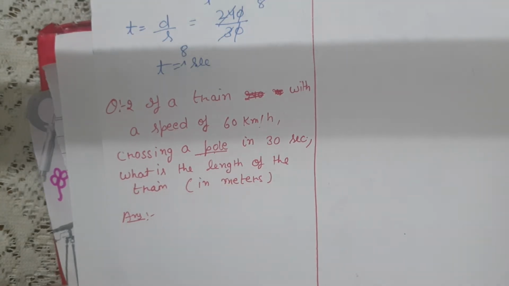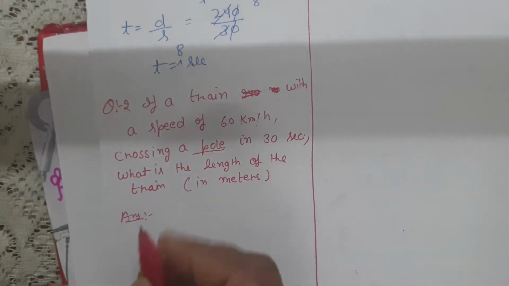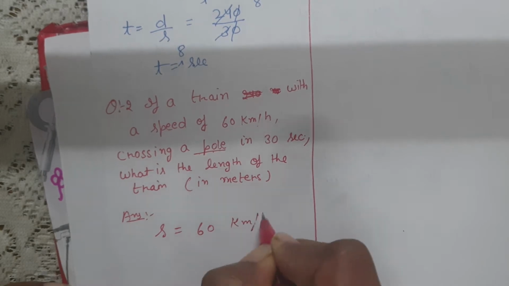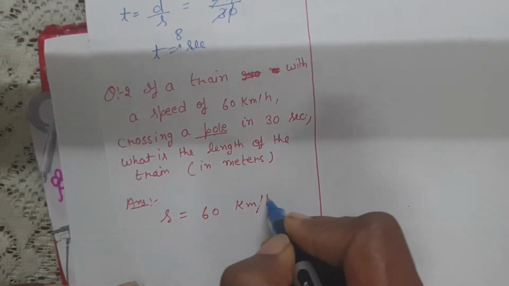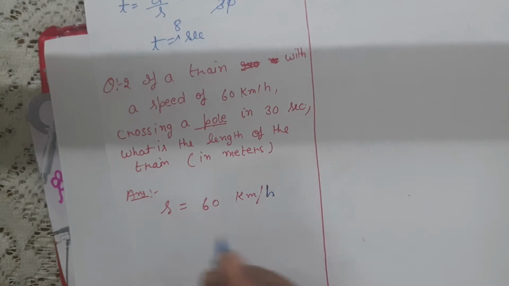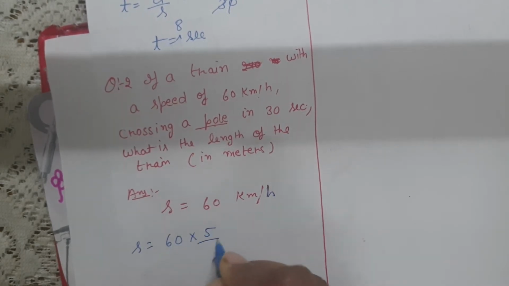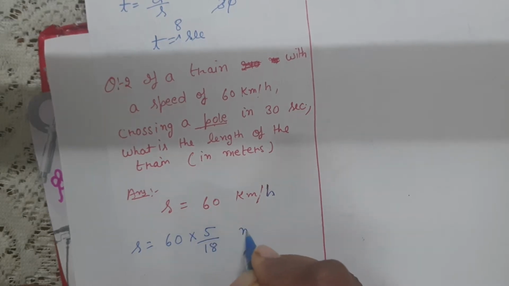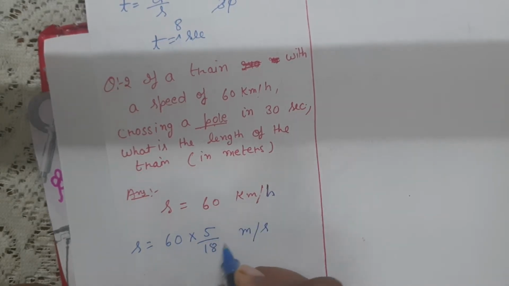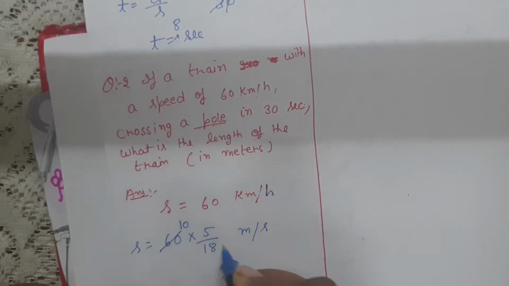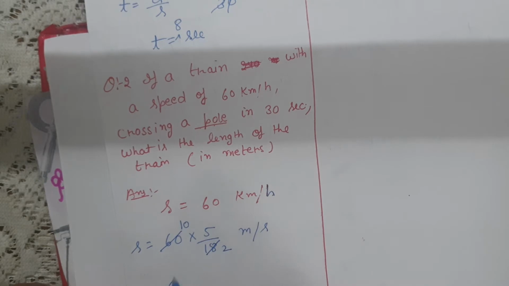The speed is 60 kilometer per hour, and now we will change it to meter per second. So we will multiply s equals 60 into 5 upon 18 meter per second. 6 into 1 is 6, 10, 6 twos, so our speed is 50 by 3 meter per second.